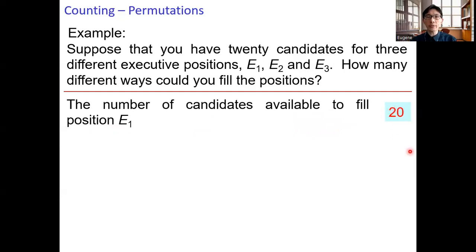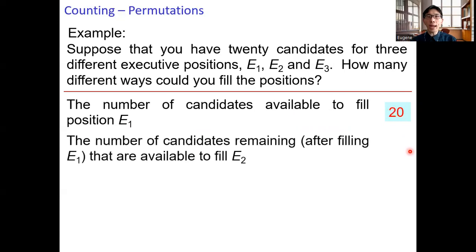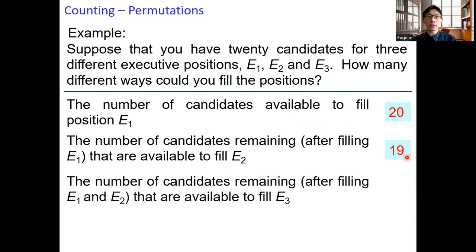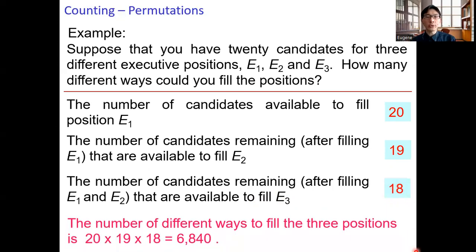Once position E1 is filled, the number of candidates remaining to fill position E2 is 19. And then once positions E1 and E2 are filled, the number of candidates remaining for E3 is only 18. So the number of different ways to fill the 3 positions is 20 times 19 times 18, which equals 6,840.